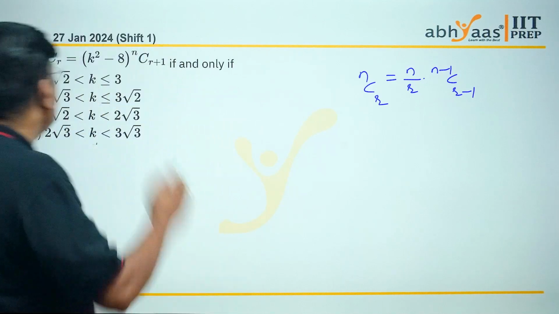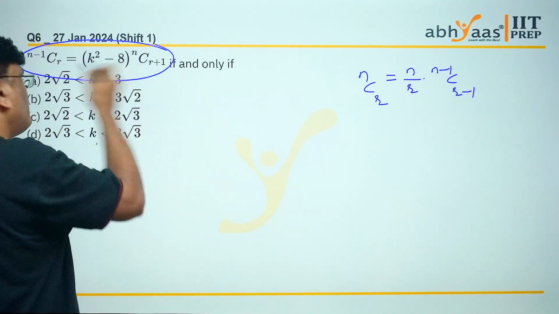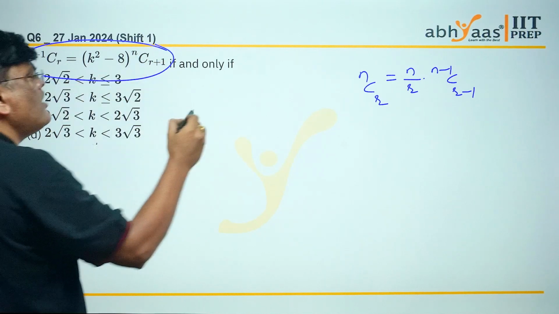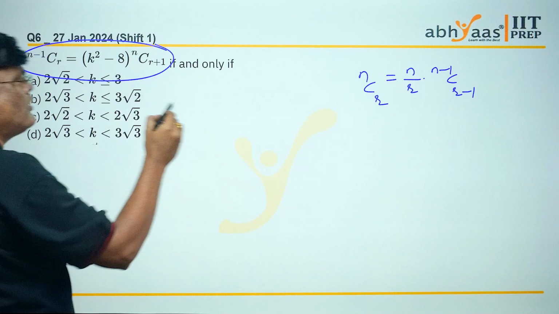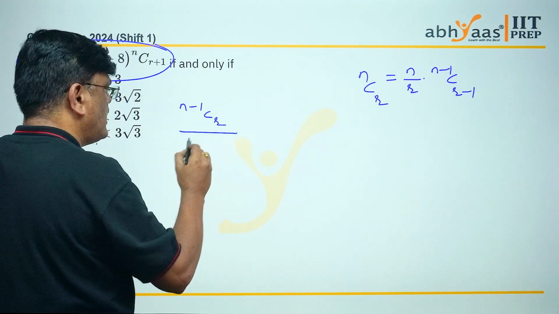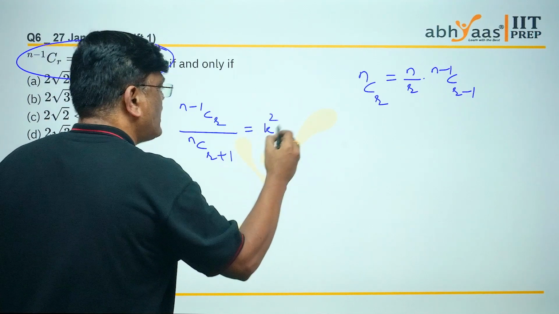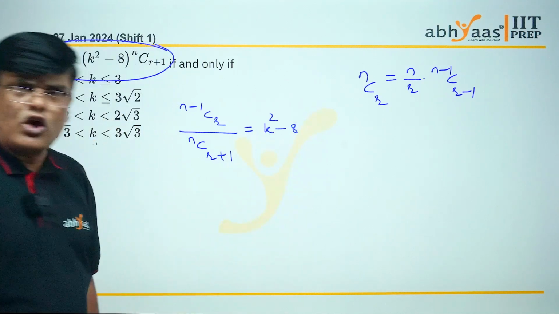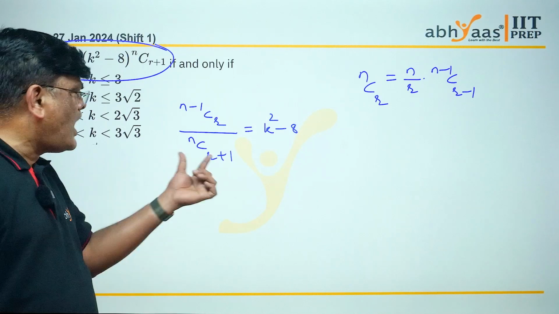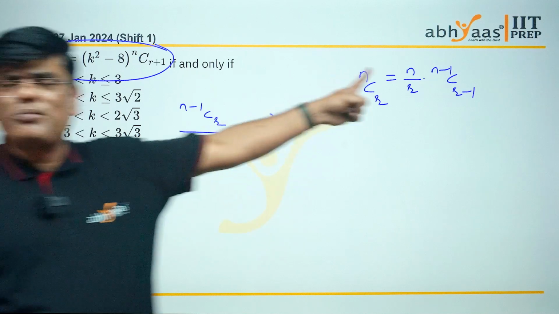Here also, in the given condition, I am taking N minus 1 CR to one side and NCR plus 1 to this side. Now I can write N minus 1 CR by NCR plus 1 equals K square minus 8. Now if I resolve the denominator, there is a chance to get the numerator with the help of this result.